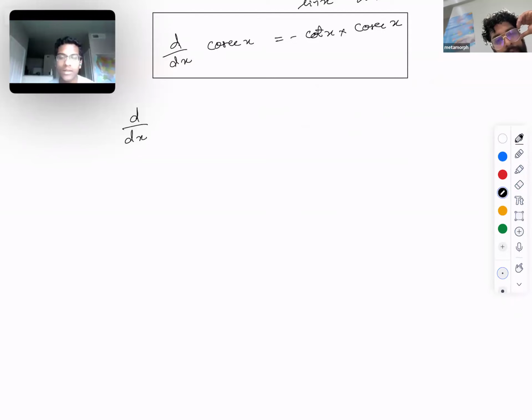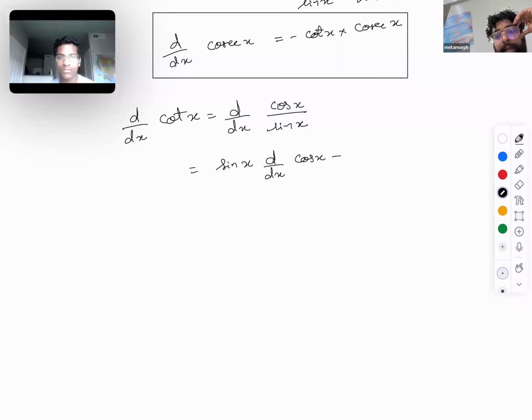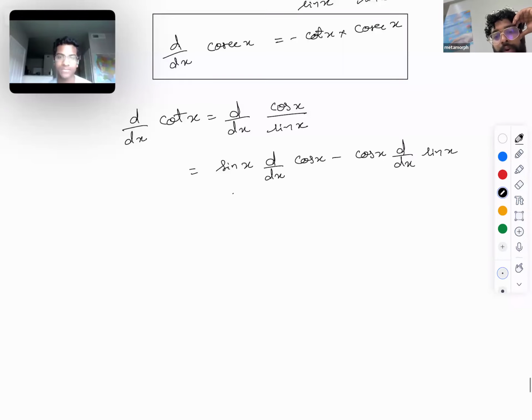D by dx of cot x, which is d by dx of cos x over sin x. So that gives me sin x d by dx of cos x minus cos x d by dx of sin x over sin squared x.